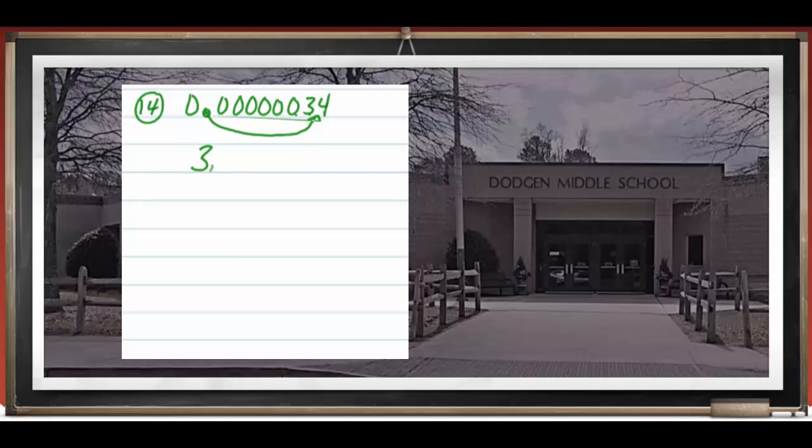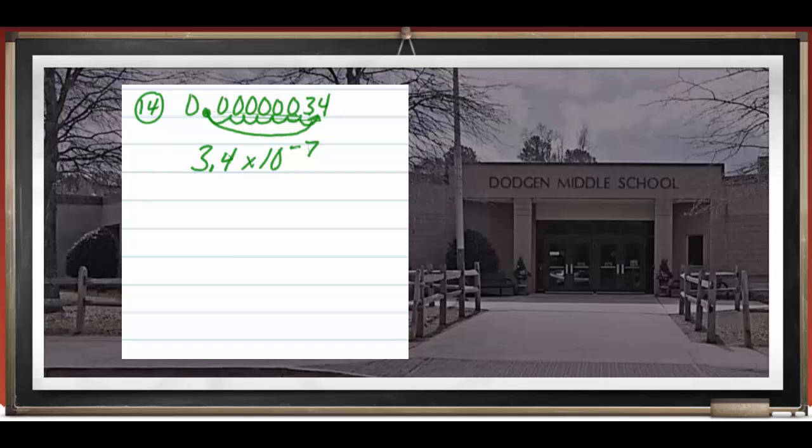That's going to be 3.4 times 10. Each time I move that decimal, it's a negative power. So it's going to be negative 1, 2, 3, 4, 5, 6, 7. So 10 to the negative 7th power.